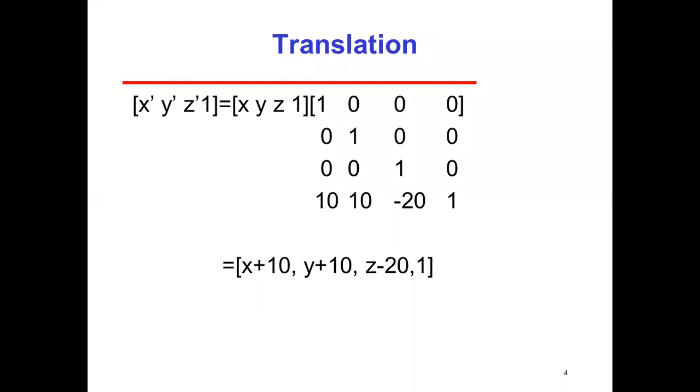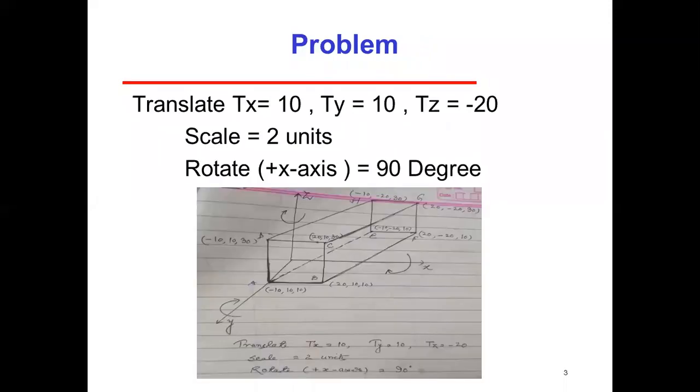So as already mentioned in the problem, first we will apply the translation. Okay, we will write here x dash y dash z dash 1 and so on. Now put the value of tx, ty, tz. Okay, so here we already know the values: tx 10, ty 10, tz minus 20.